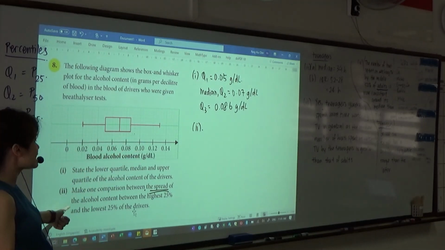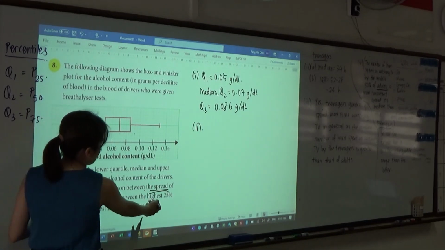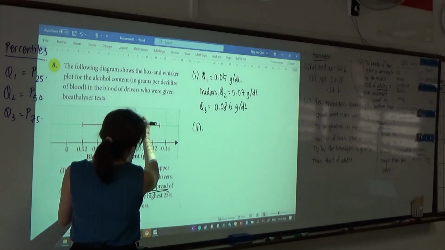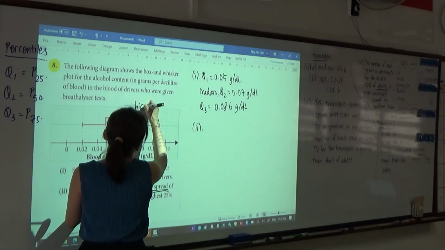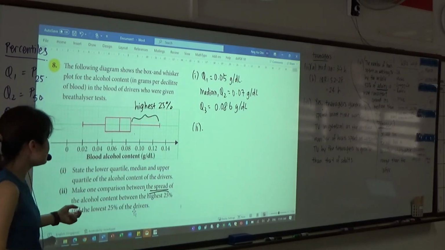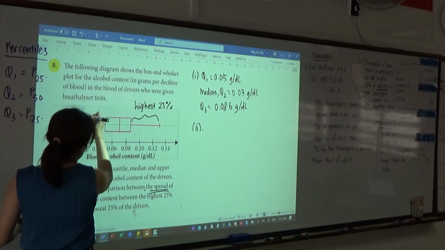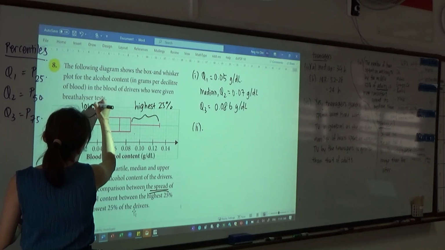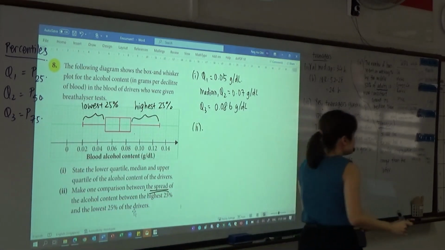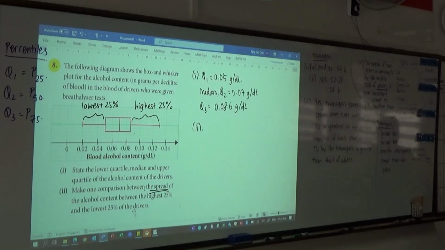In fact, the question is asking for the spread between the highest 25% and the highest 25% refers to this portion over here. Okay, and then the lowest 25% will actually be over here. Okay, so the question is asking us to compare the spread.